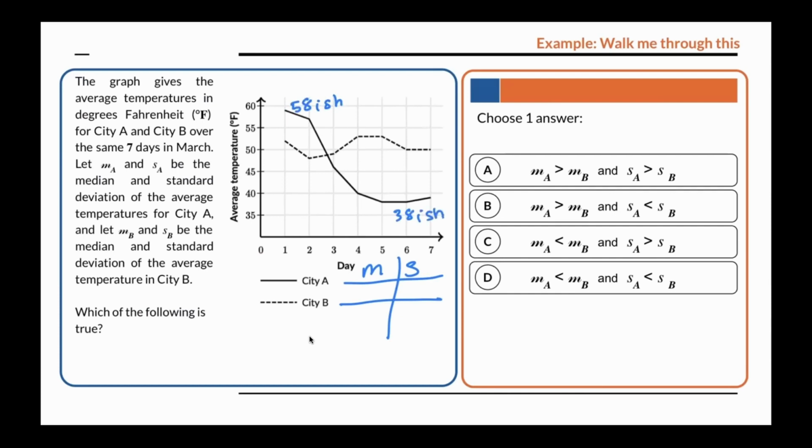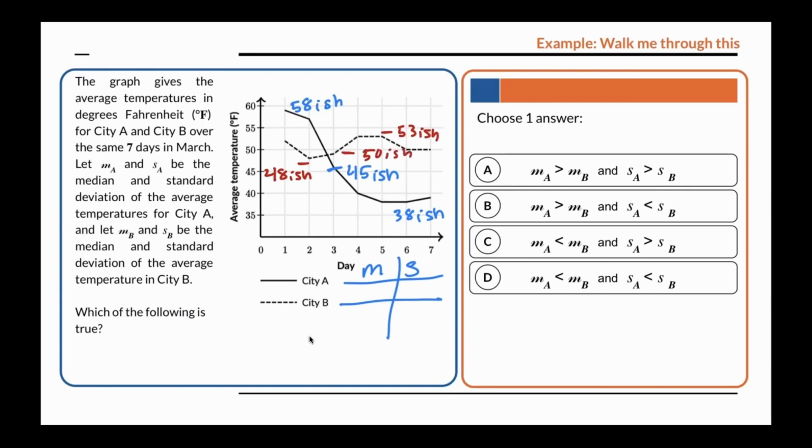And I would put the median, or the mean, about the same on this line at about 45-ish. And then for city B, I would say the lowest is 48-ish, and the highest is 53-ish, and the median, which for standard deviation would be the mean, but I'd put it at 50-ish.